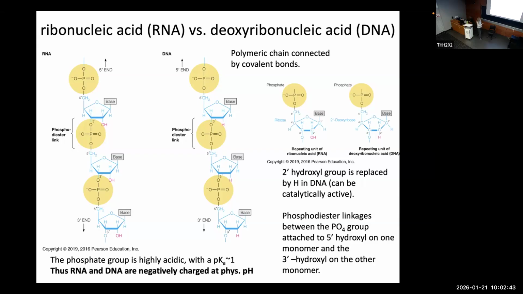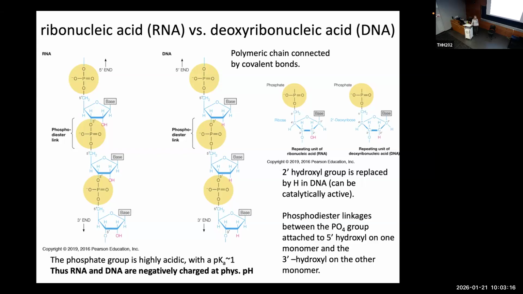Okay, other things to point out. The phosphate group in the backbone, this oxygen can be protonated, but its pKa is about 1. So super acidic. And so at all physiological conditions, it is deprotonated and it has a negative charge. So the phosphate backbone of both DNA and RNA is very negatively charged in the cell.